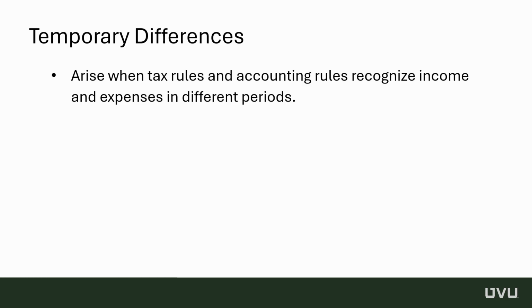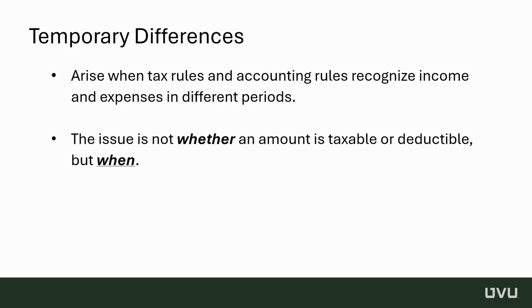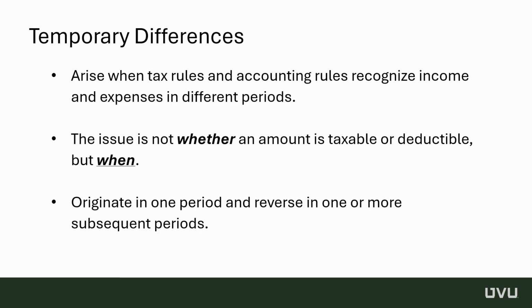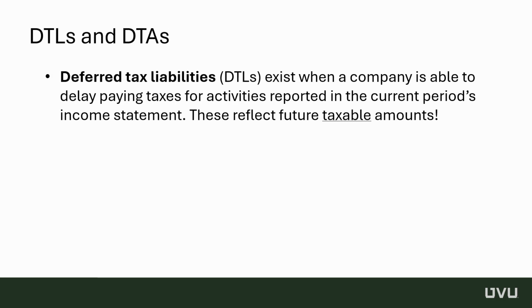Another way of putting this is that it's not whether a given transaction is taxable or deductible, but when. And as we'll see with numeric examples later, these will originate in one period and will reverse in one or more subsequent periods. And these temporary differences give rise to two new accounts we've not yet talked about, and they are known as DTLs and DTAs.